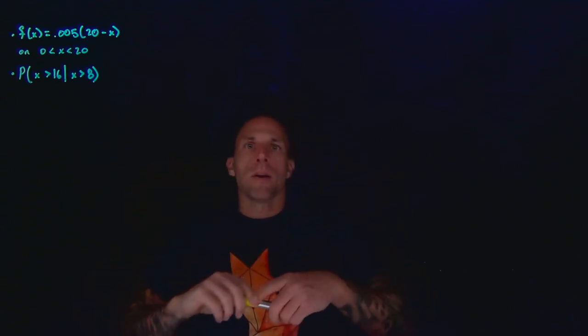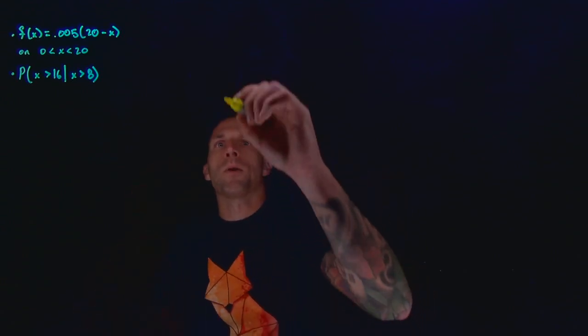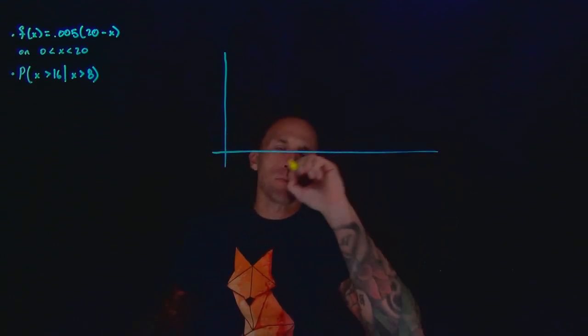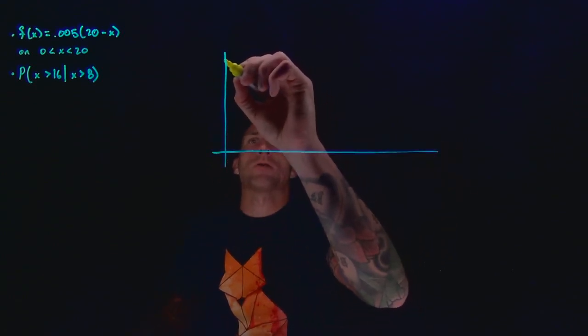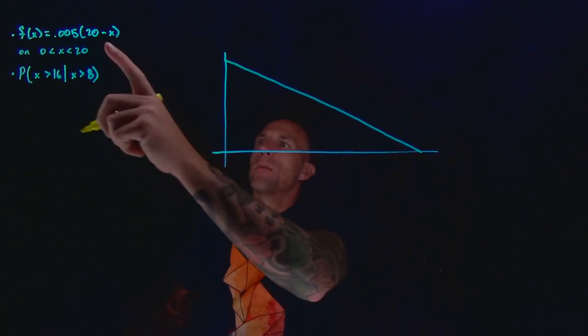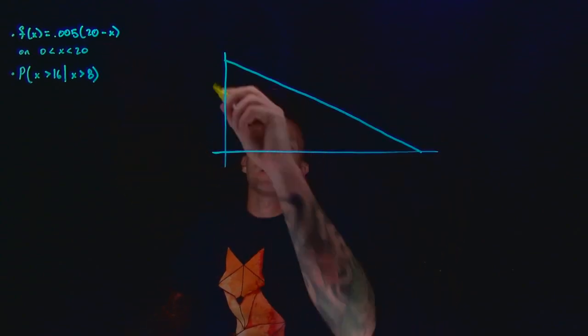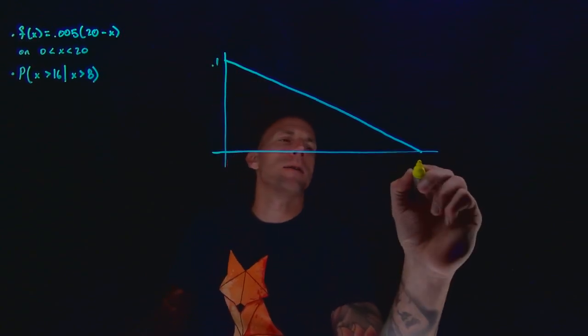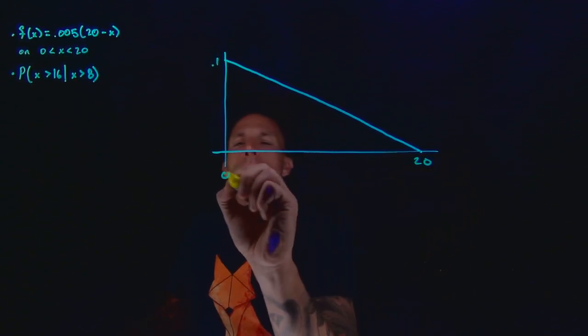So I'm going to do a little bit of a visualization before we do any of the calculus. It's just to refresh what's actually going on here. This line right here is something like this. We'd start up here at 0.1, we'd come all the way out to 20, and down here at 0.